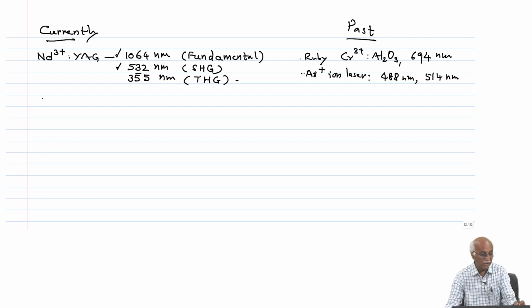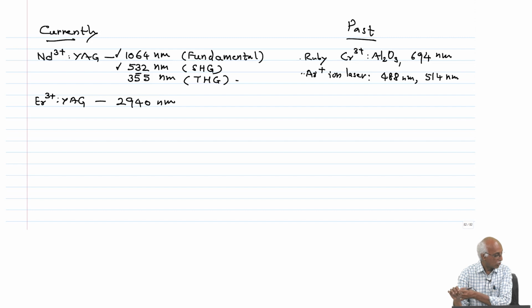So, neodymium YAG. Then I told you that the erbium YAG laser has a wavelength around 2940 nanometer or 2.9 micrometer. This is close to the absorption line of water, as I already showed you, and it is also absorbed by some of the tissue materials.